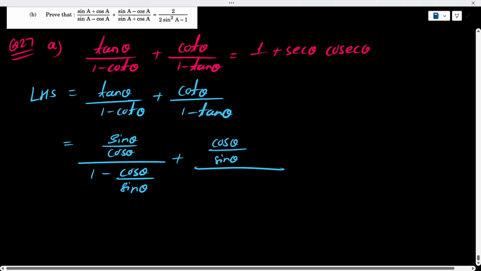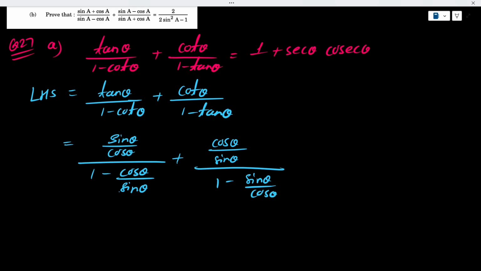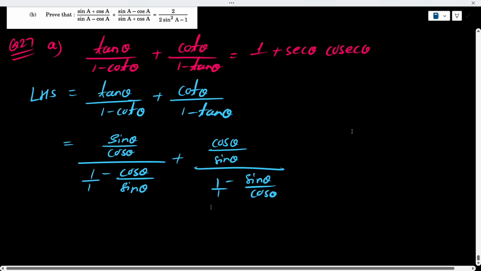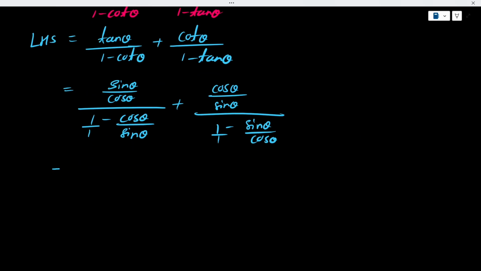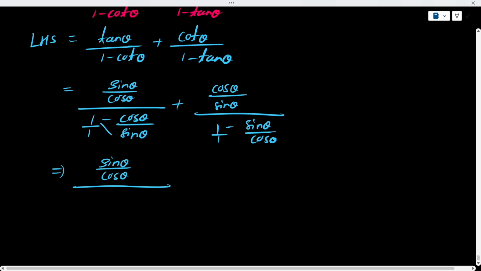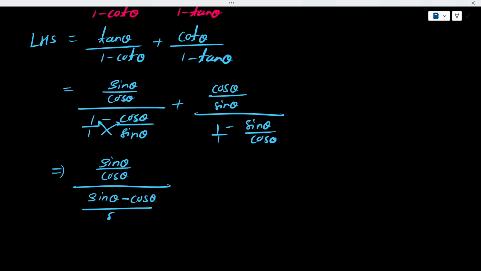Correct? Now the denominator is 1 minus sine theta by cos theta. Now you know that you can't reciprocate the denominator because there's no common denominator. So I'll first find the LCM. So the numerator remains as it is, sine theta by cos theta, by, if I do cross multiplication, can I write sine theta minus cos theta by sine theta?